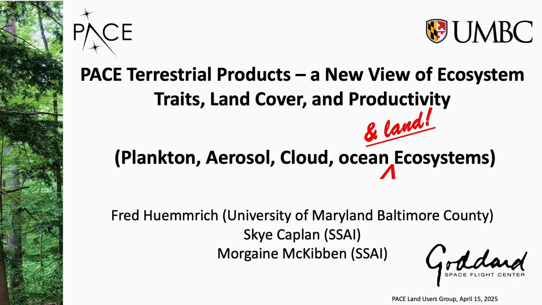Hello, I'm Fred Huemmrich, and today I'm going to talk about PACE land products and provide some examples of using PACE land products to study terrestrial ecosystems. Although PACE was developed as an ocean and atmosphere mission, it can provide useful data over land, and I'm going to try to demonstrate that in this presentation.